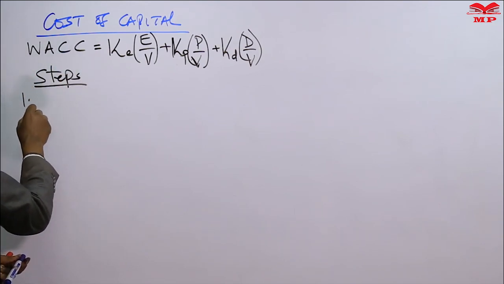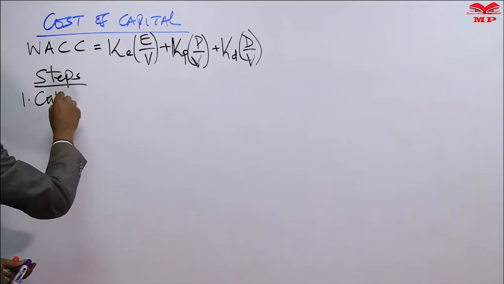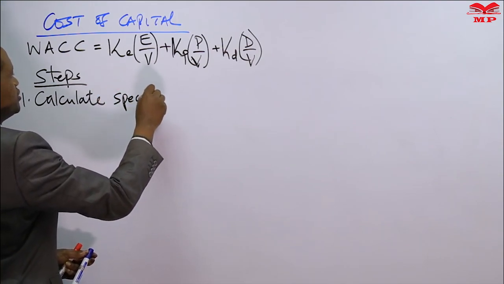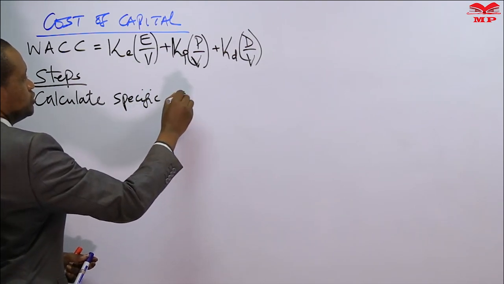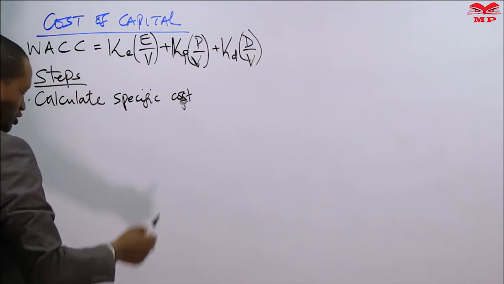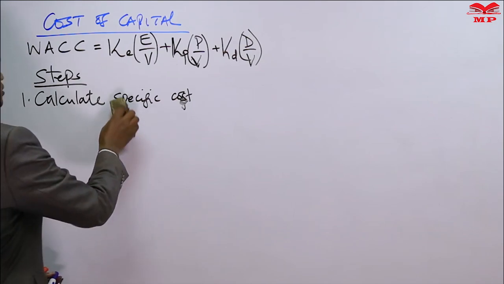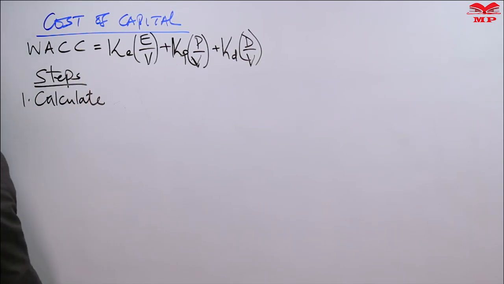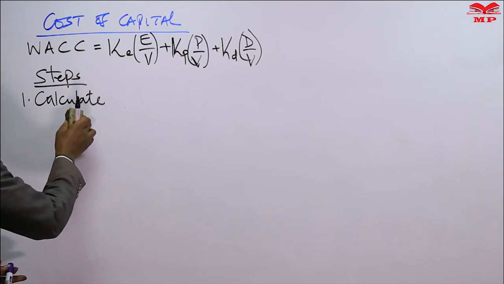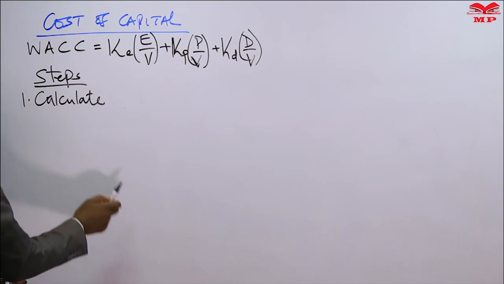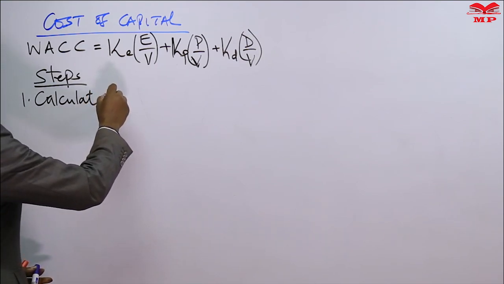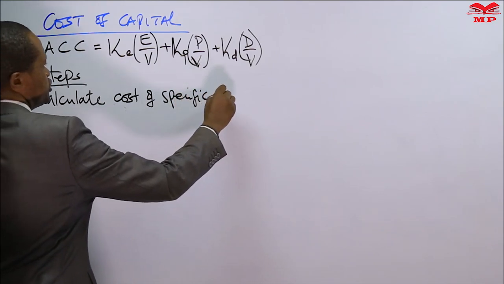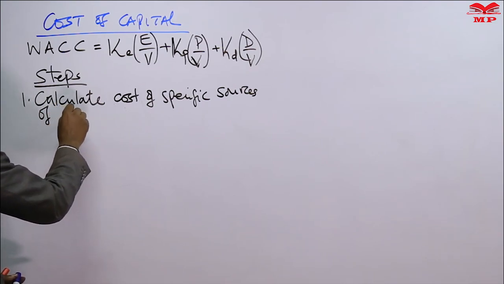Step number 1 is to calculate the cost of specific sources of capital.